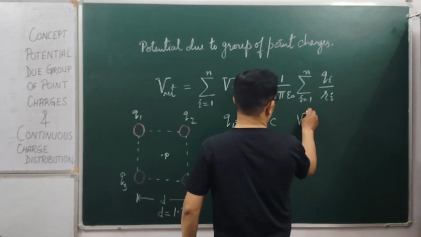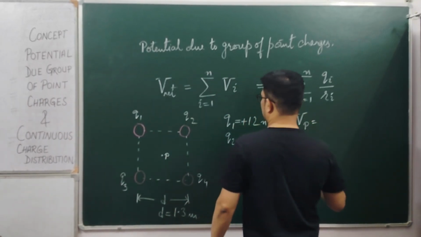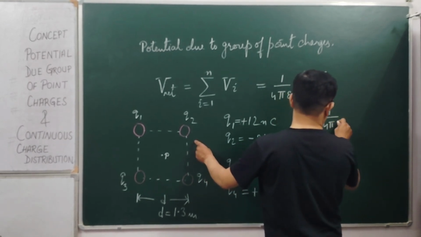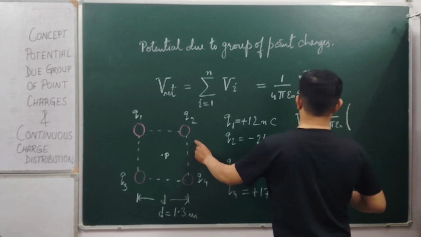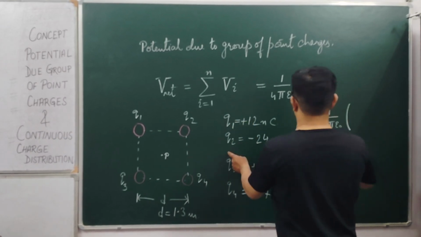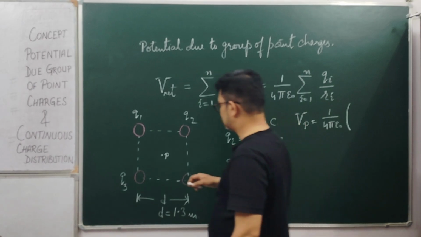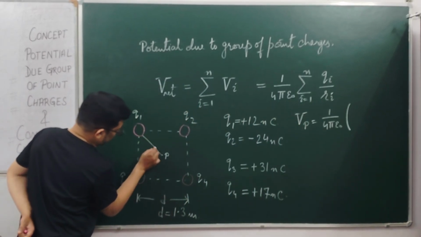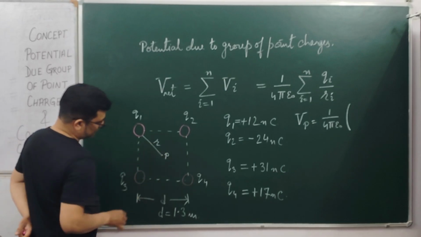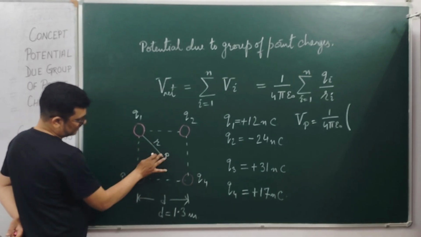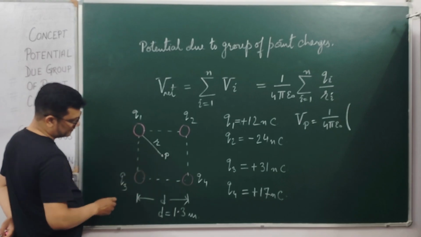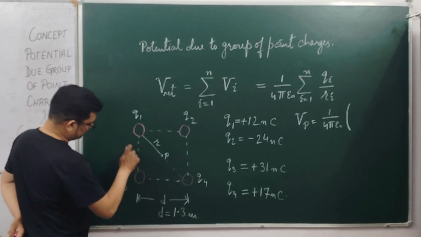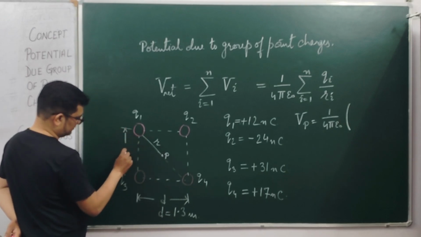The net potential at P is going to be equal to 1 over 4 pi epsilon naught, and we'll put in the bracket Q1 and R1 correspondingly. We'll take this distance to be r, suppose. So what's going to be the r? From the geometry, we know that this is d, this is also d.